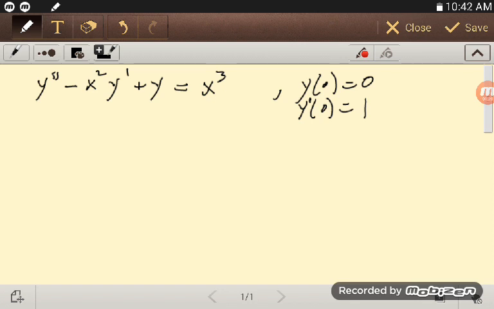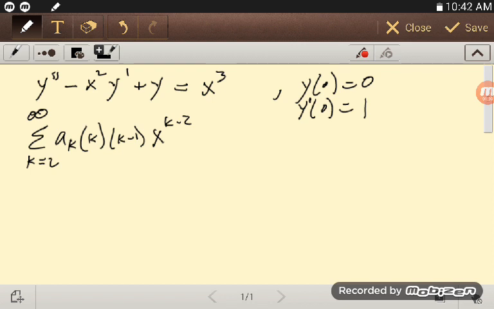Now I'm not going to go through all that series part again. So I've got y double prime, so this is the sum, k equals 2 to infinity, a sub k times k minus 1, x to the k minus 2.